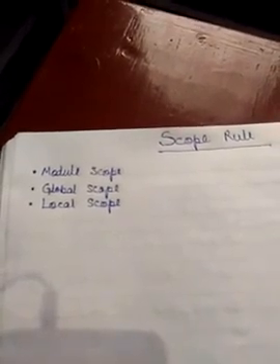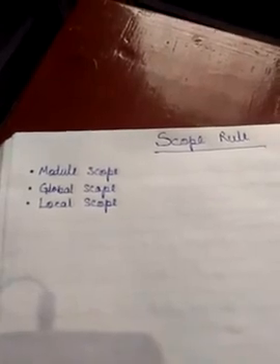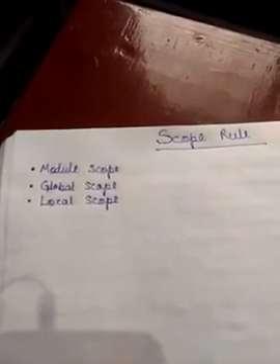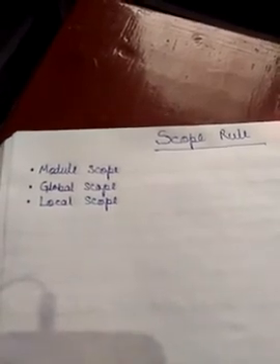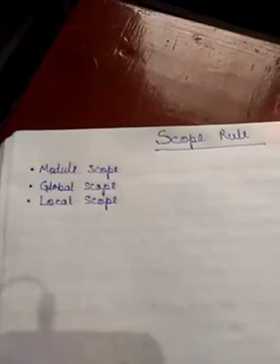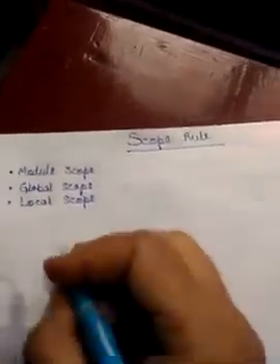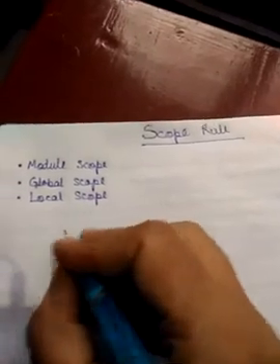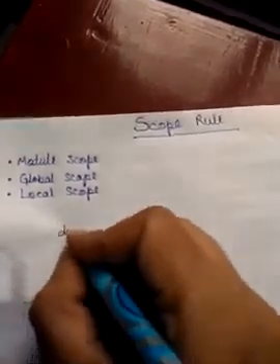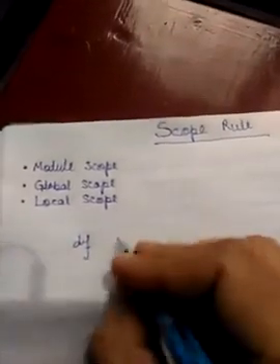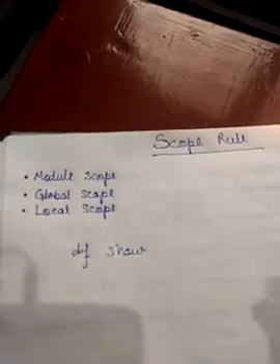Local variables are those variables which are declared specifically within a function. Their lifetime is the function only, that is, they are available only within that function in which they are declared. For example, def show.